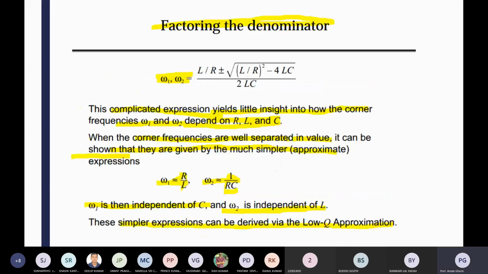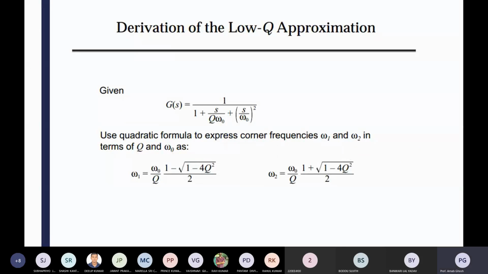Then, derivation of the low Q approximations. Given that G(s) equals 1 by 1 plus s by Q omega 0 plus (s by omega 0) whole square, use the quadratic formula to express the corner frequencies omega 1 and omega 2 in terms of Q and omega 0.